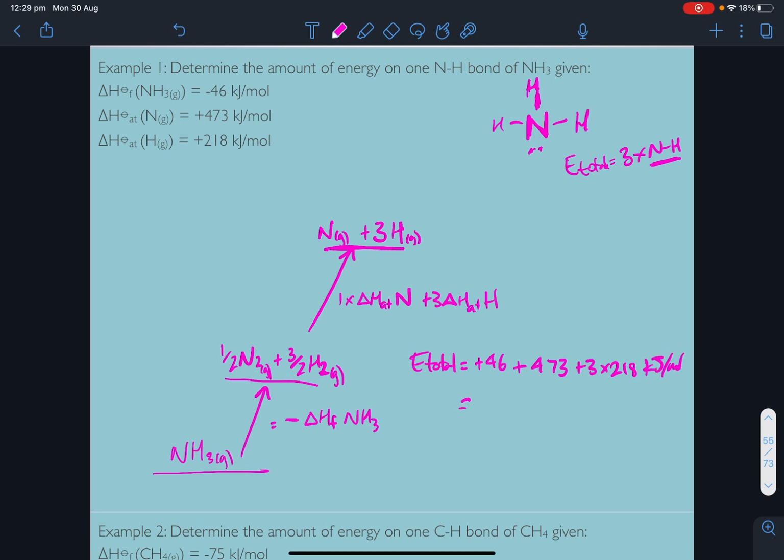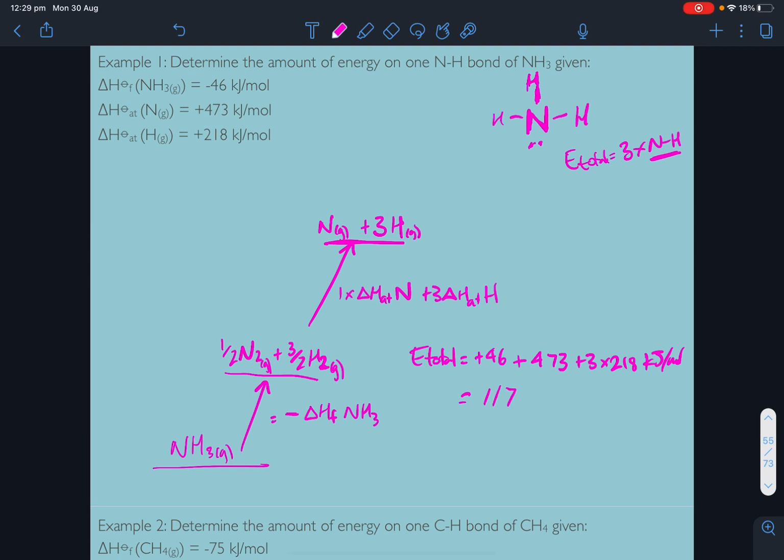So my total energy, put it in my calculator, 46 plus 473 plus 3 times 218, and I get 1173 kilojoules per mole. And that's the total energy in all those 3 covalent bonds.